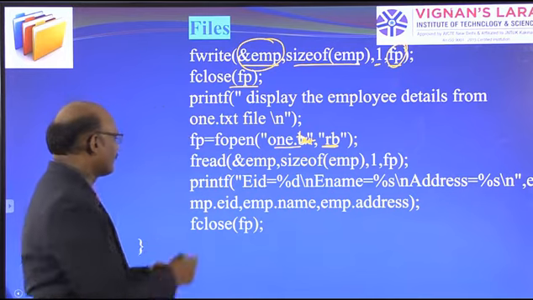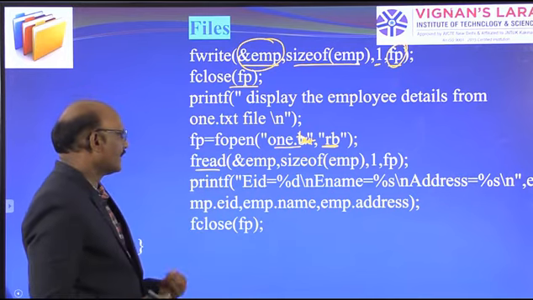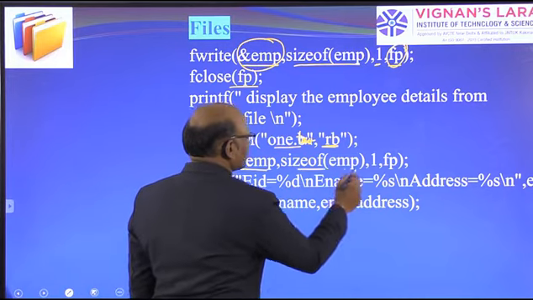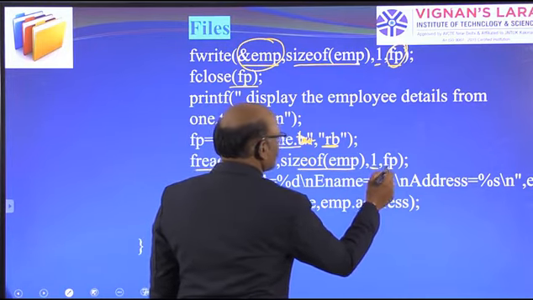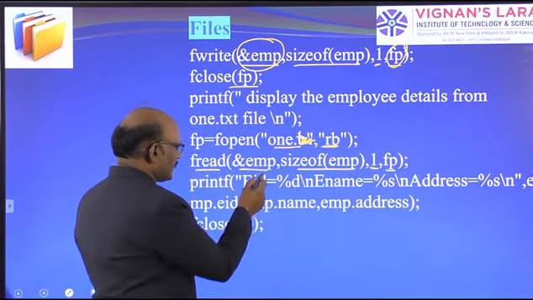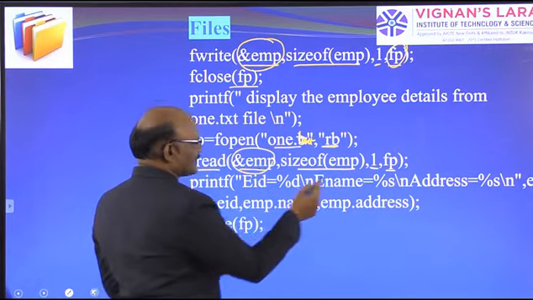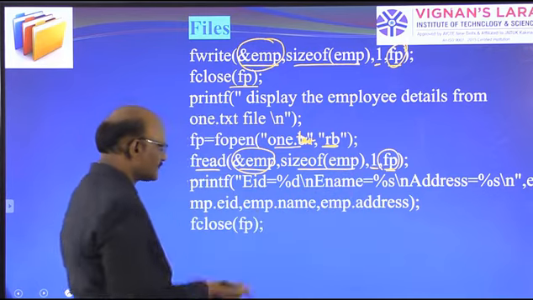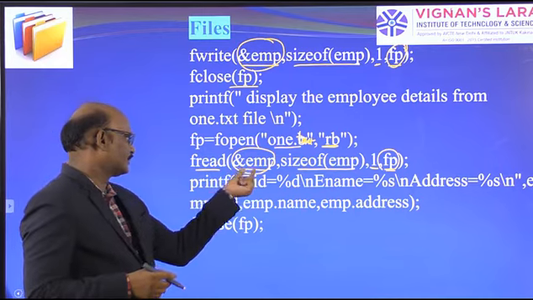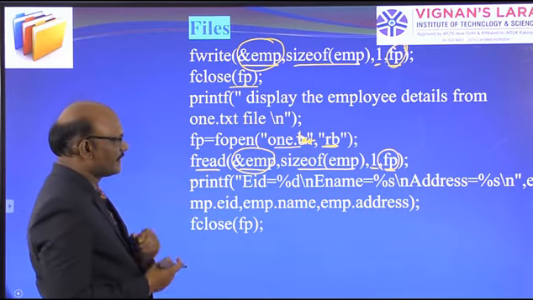Now with the help of fread, we can read the data from the file. For that: &emp, sizeof(emp), count is 1, fp. Here the employee buffer takes the input from the file pointer. That means the data will be extracted from the file pointer into emp. That is the fread operation.